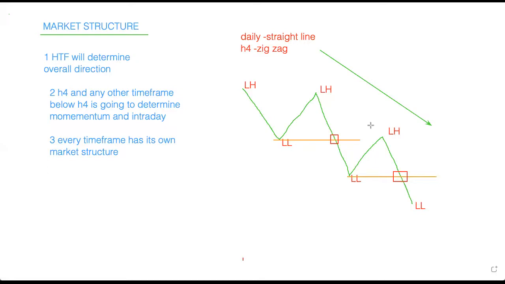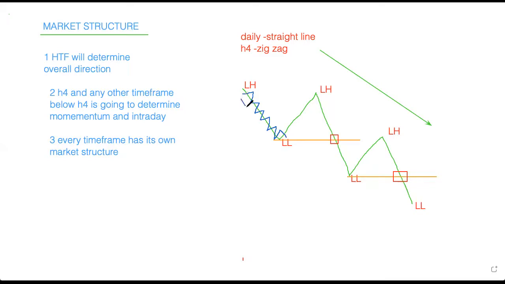Okay. So we said a straight line is going to represent our daily movement. And when you move on to a smaller time frame, please note this, your H4 won't be moving as smooth or as concentrated as the daily, but your H4 will be moving like this.